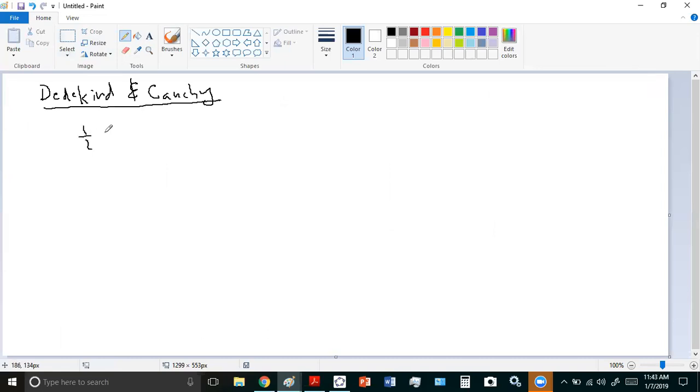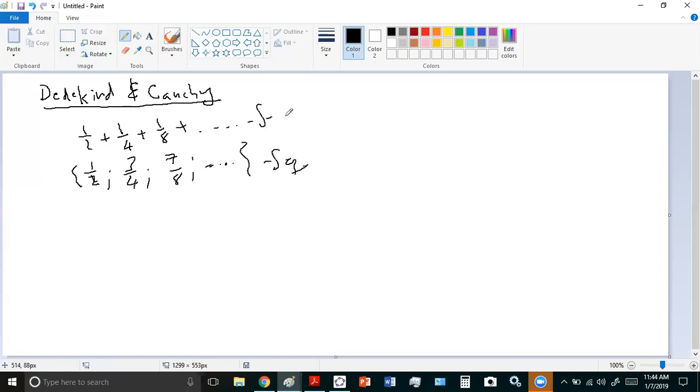So if you had a half plus a quarter plus an eighth, like that, then a sequence would be the partial sums, okay? So the first partial sum is a half, the second one is 3/4, the third one is 7/8, etc., okay?